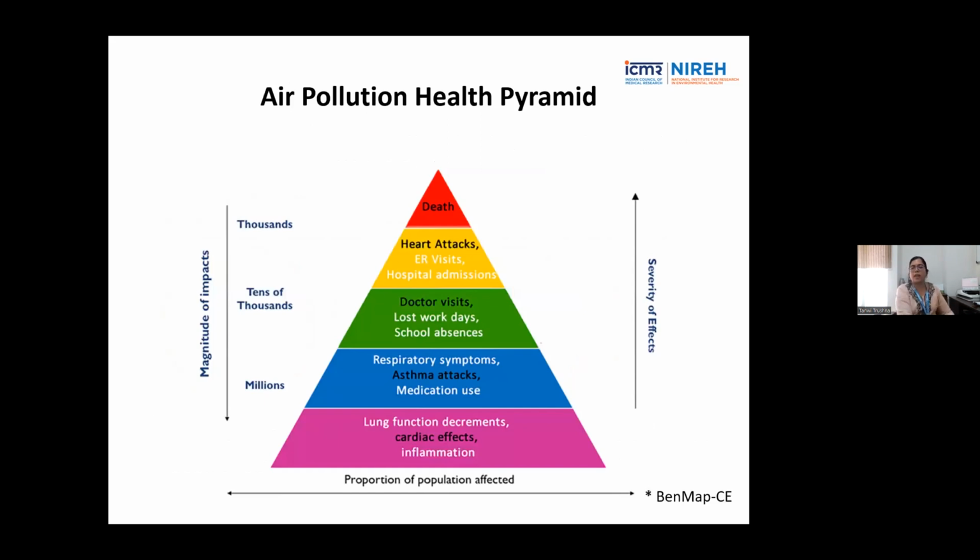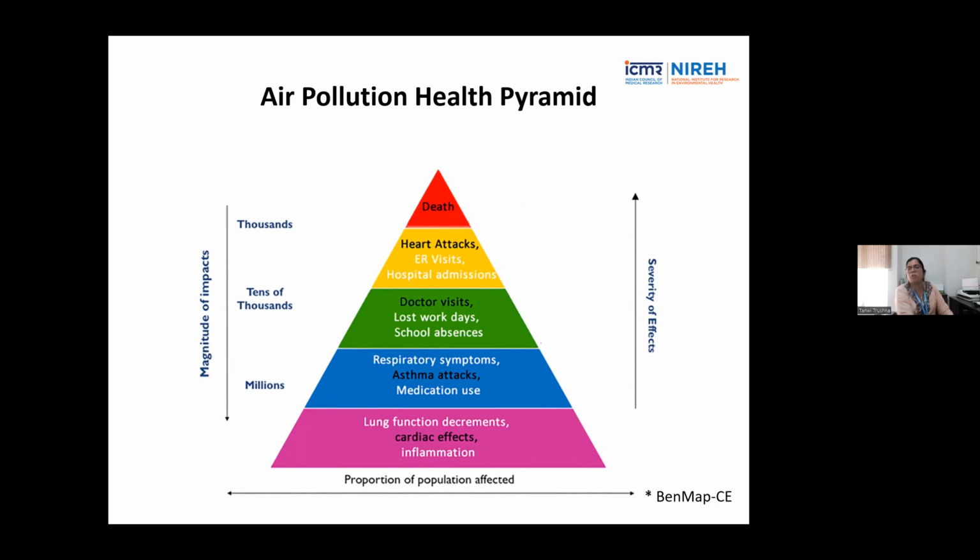Then when we speak of air pollution, we normally talk about the mortality caused by it, the premature deaths. But this pyramid was developed by the US Environmental Protection Agency, EPA, which has an open access Windows program known as the Benefits Mapping and Analysis Program, BenMAP. It has given this pyramid to make it more apparent how air pollution affects human health.